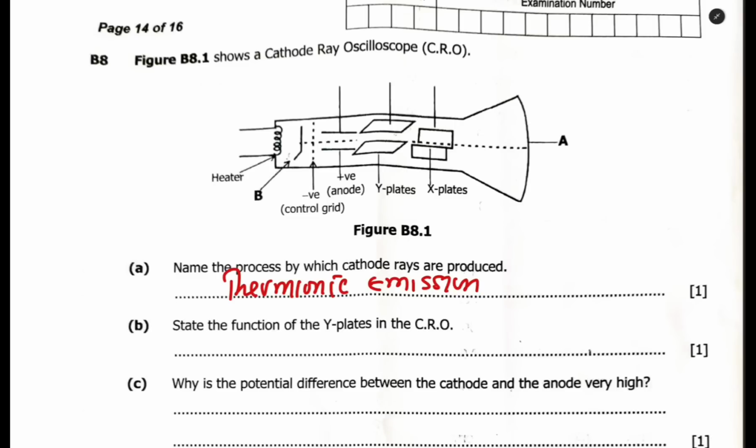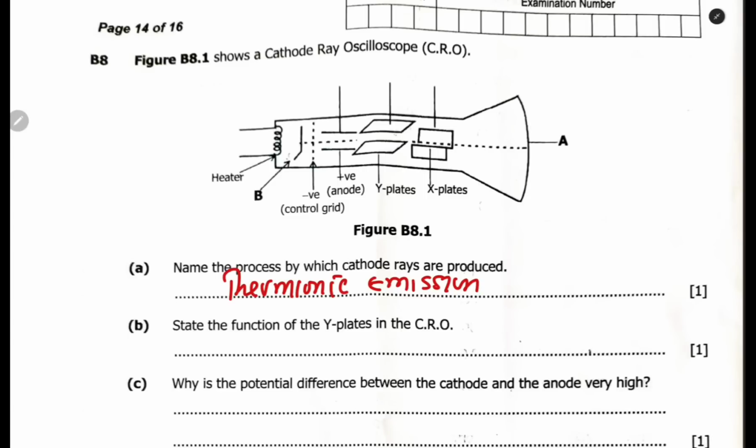Okay, then now state the function of the Y plate in the CRO. What is the function of the Y plate? Now the way they are here, look at this. Sometimes these might not be labeled, then they ask you to label these. So the parts you should know them. These that are up and down, just know that these are Y plates. Sideways are X plates.